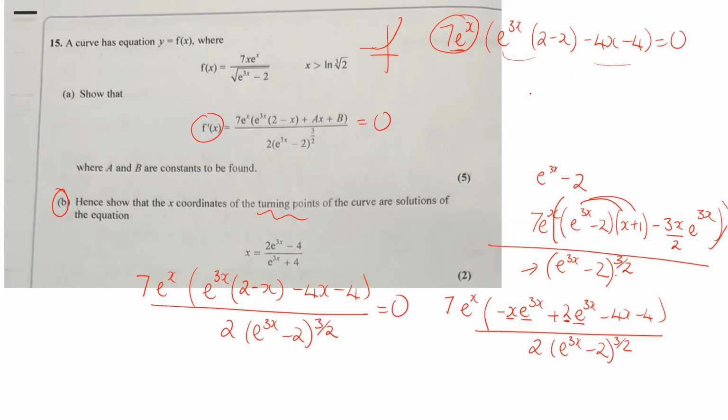And what we can do is multiply that back out again. So 2e to the 3x minus x e to the 3x minus 4x minus 4 is equal to 0. Just multiplying that out and looking at that term that's in the bracket. And then what they do to get to here, you can see there's no x's apart from the ones in the air.